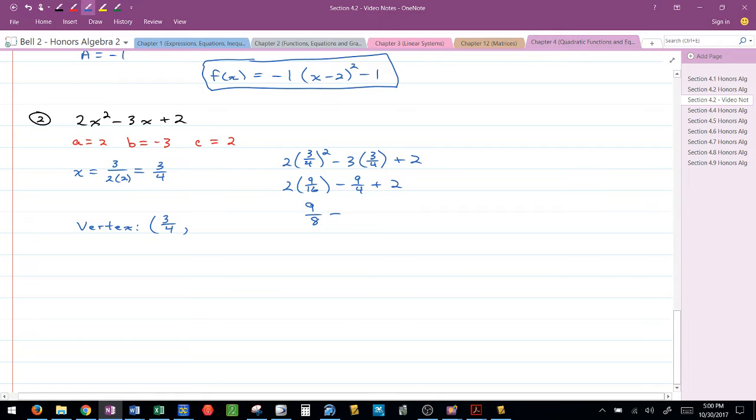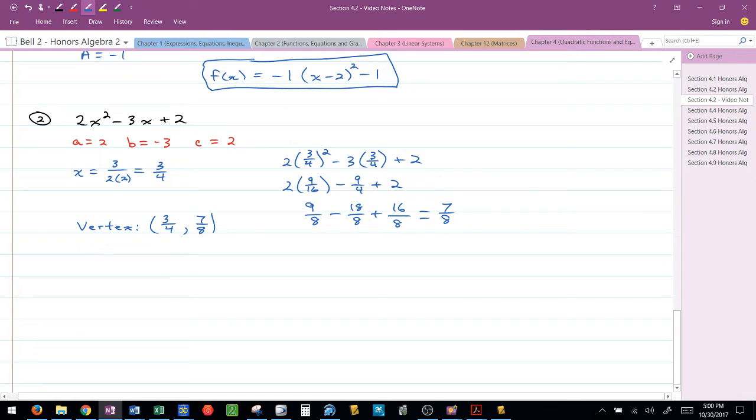All right, so that would be 18 eighths, and I'm going to change this 2 into eighths as well, plus 16 eighths. All right, and if I add those together, I get negative 7 eighths. Double check me on that. Let me see, that's negative 2. It's not negative, it's positive 7 eighths.